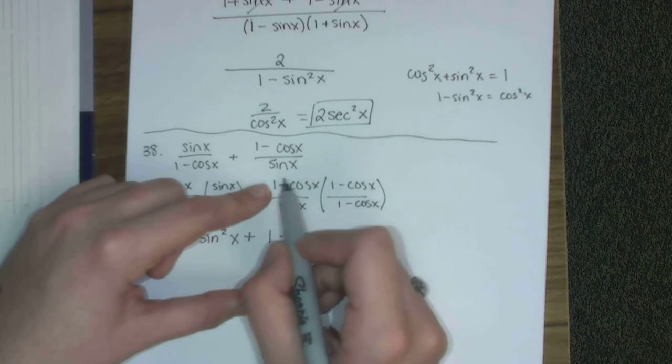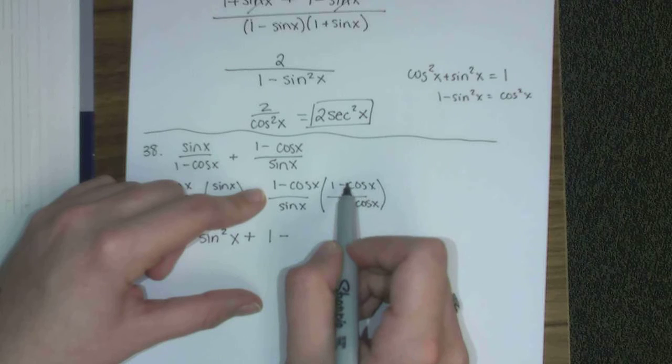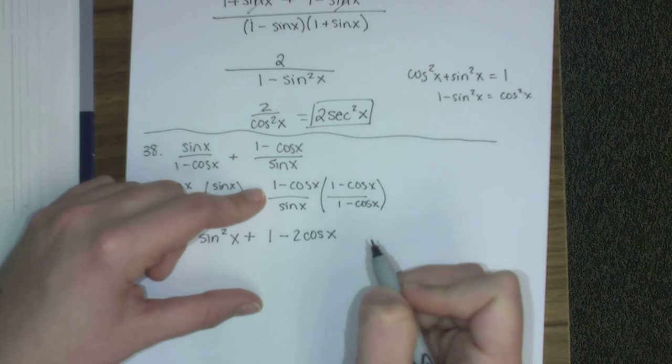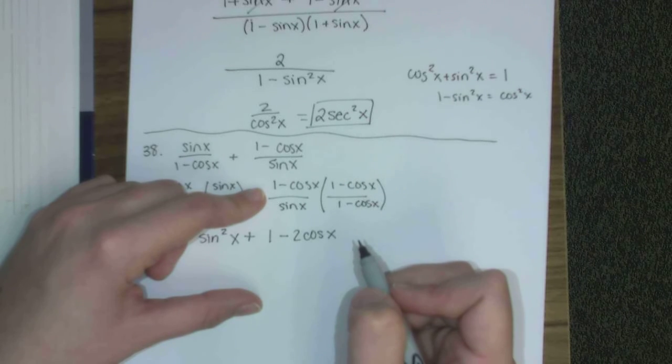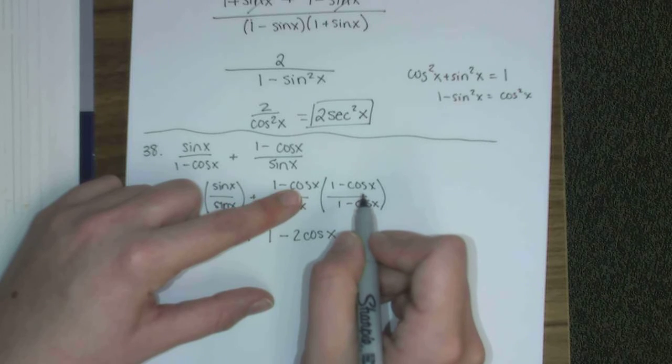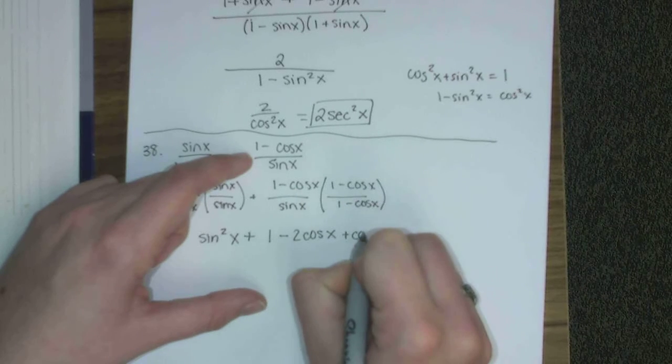And then lastly we have the minus cosine of x times minus cosine of x, which is plus cosine squared of x. And this is all over this stuff on the bottom. I'm just going to leave it separated out into 1 minus the cosine of x and sine of x.